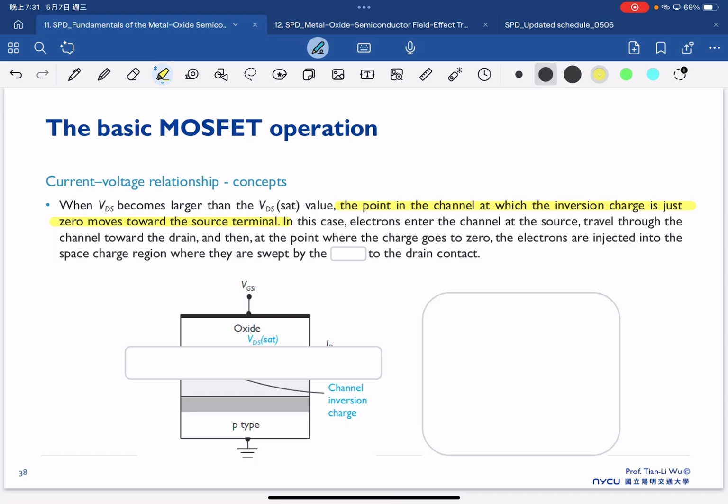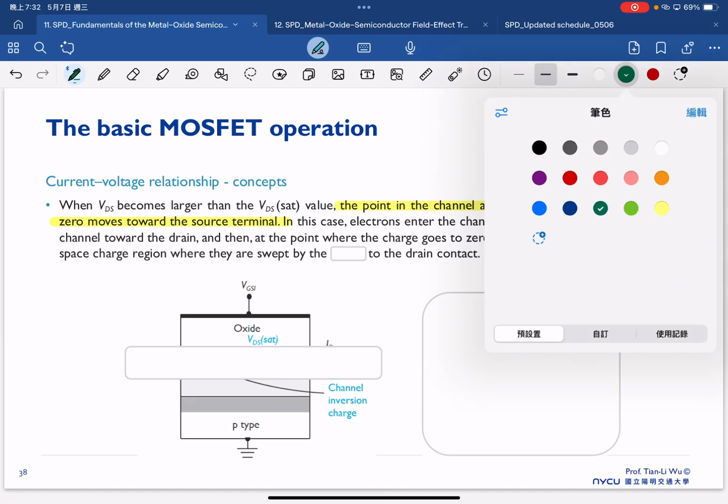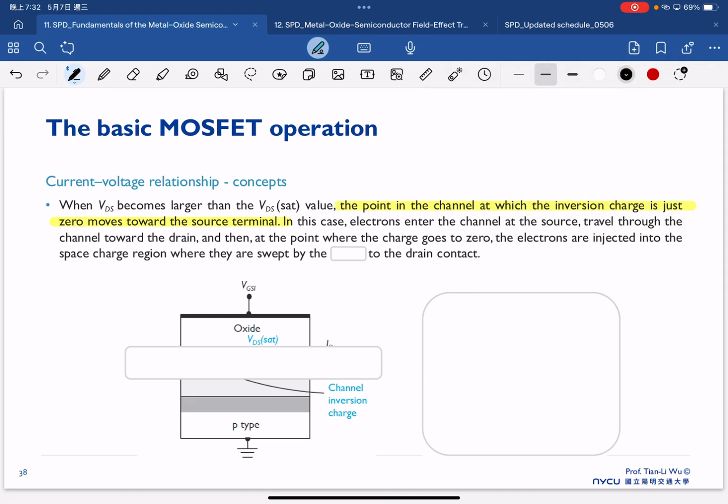So what does this mean? This means that if you look at the charge formation in the channel, we have this one, and we have this. Because right now we consider our VDS is larger than VDS set.